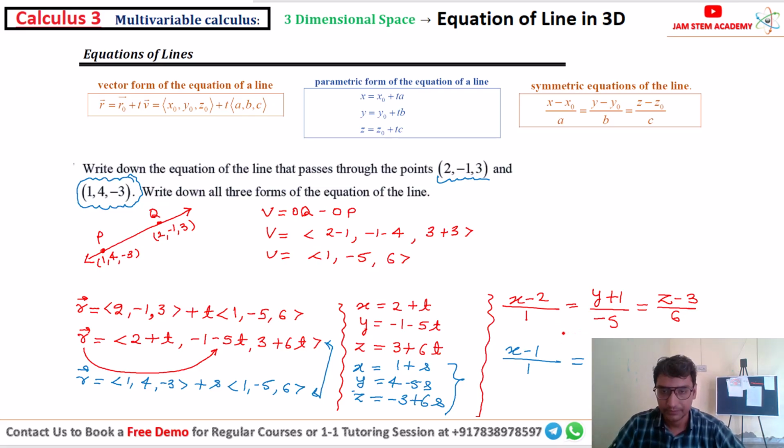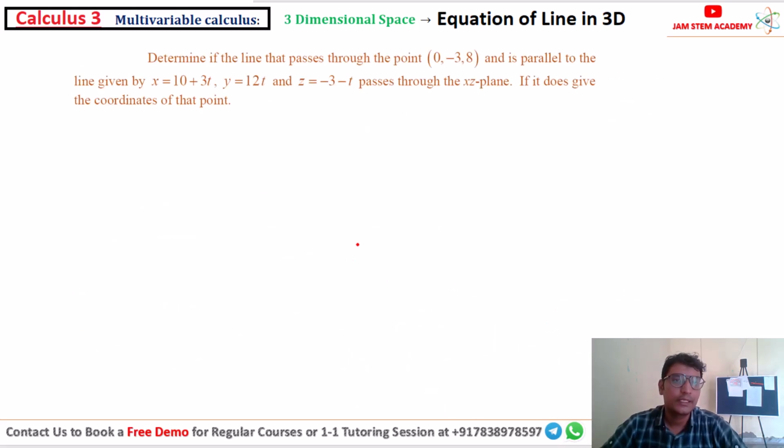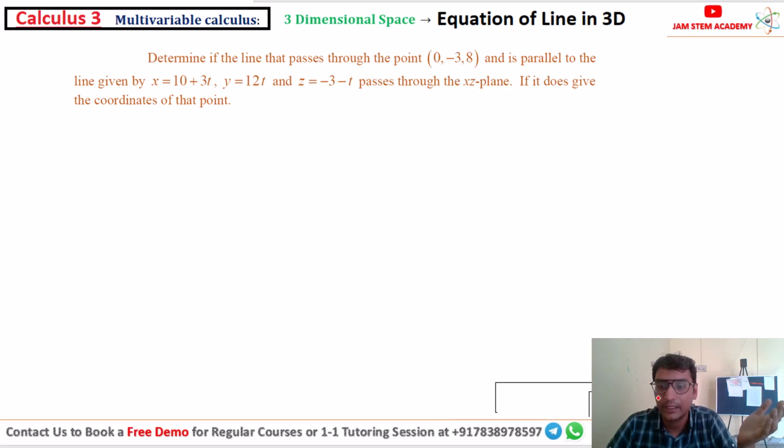Okay, next one. It says determine the line that passes through this given point and is parallel to this line given by this parametric form. So here we have the parametric form of another line, and our line is going to be parallel to this line, right?